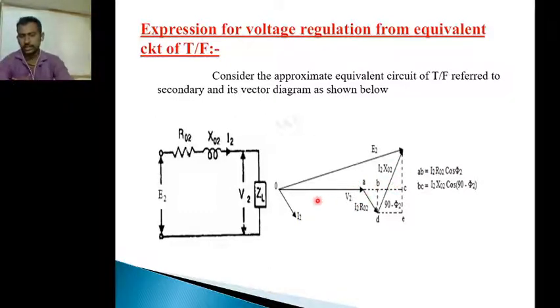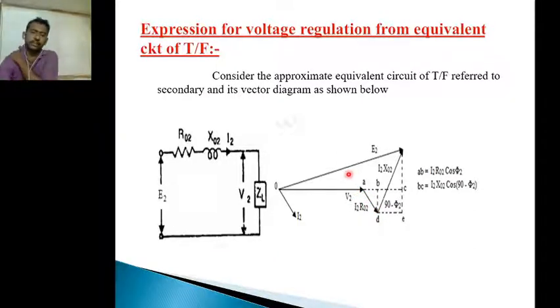So then what we get, V2 and the secondary current will be lagging by some phase angle phi 2, then this one is the phi 2 phasor. So in order to get the total E2, we have to add V2 plus I2 into X02 plus I2 into R02. So first we write the I2 R02. I2 R02 is in phase with I2. So that's why we write this I2 phasor parallelly, and at the end of V2, we get the I2 R02.